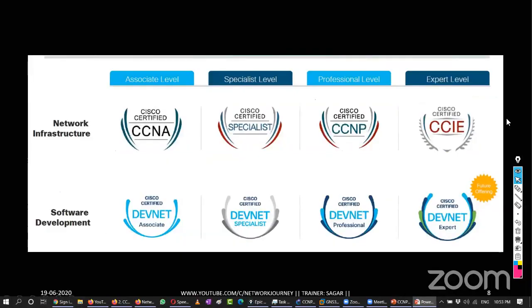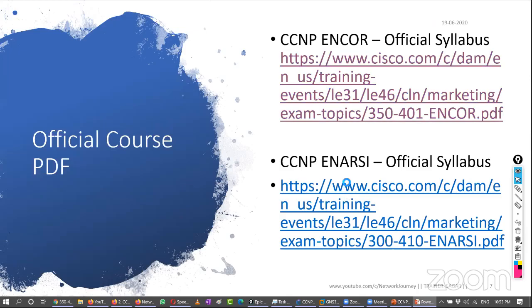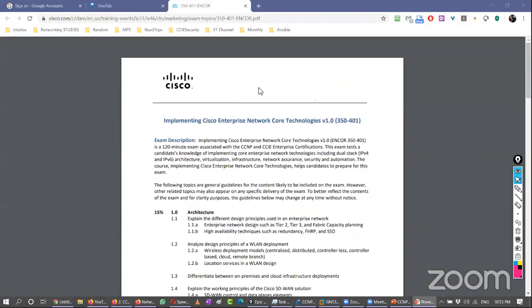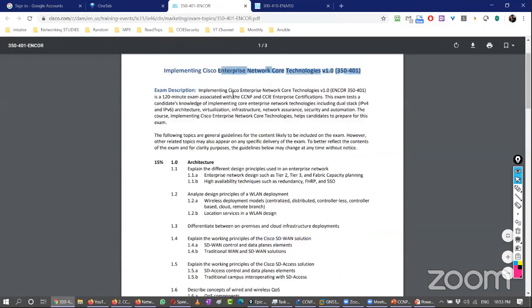And yes, maybe you have already gone through the official PDF. It's not something which we cannot find. It's totally open for everyone. You just have to go to the Cisco official website and download the syllabus copy. So this is your ENCOR paper, the mandatory paper, which will also take you towards the CCIE.